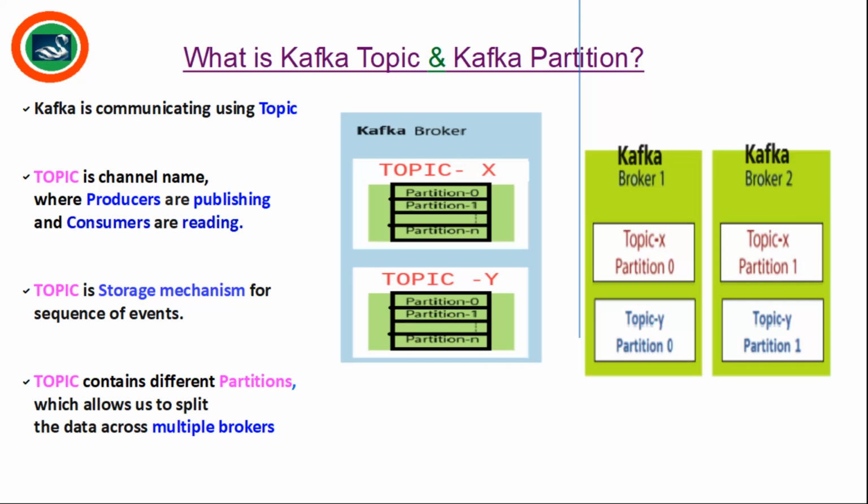That means we can send the data in parallel using two brokers. Of course, different combinations are possible if you use multiple brokers and multiple partitions. So this is about Kafka topic and Kafka partition.